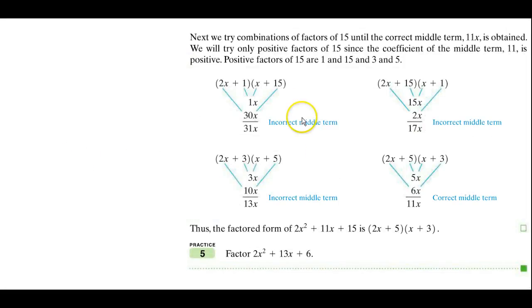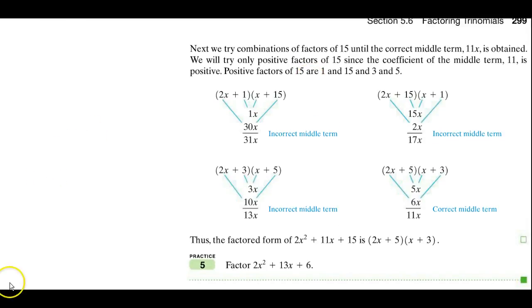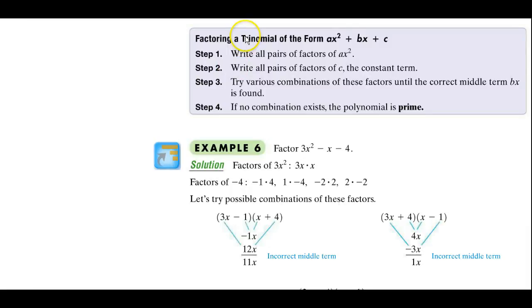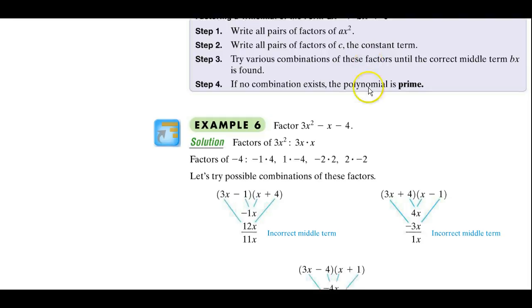Now, the textbook goes through a lot of detail as to how you are guessing and checking, trialing and erroring. And what I did in the last example was summarized here. And again, there are combinations where there are no combinations, and we consider it prime.